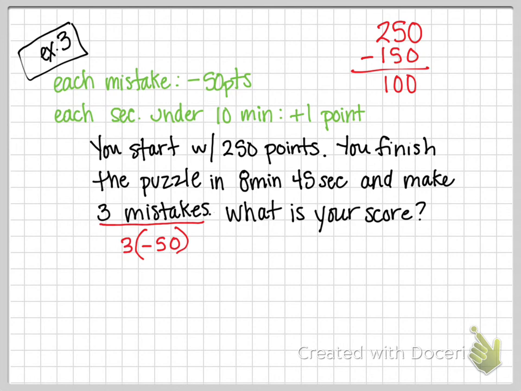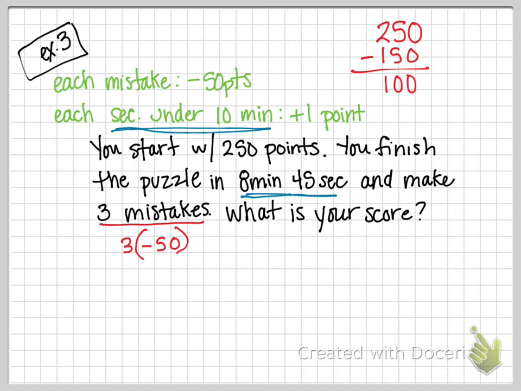What's the other part of this that we need to factor in? Caroline? You have to, for all of the points that you make. Yes. So it says every second that you're under 10 minutes, you add a point. So how many seconds under 10 minutes is this? Isabella? 75. 1 minute is how many seconds? 60.